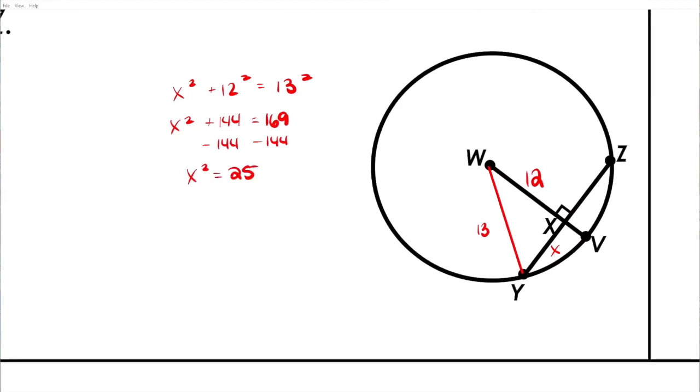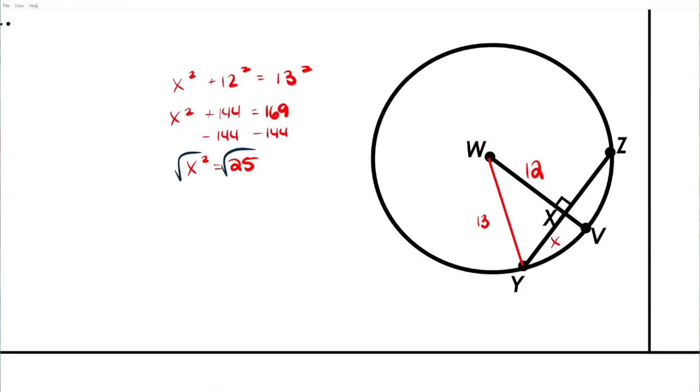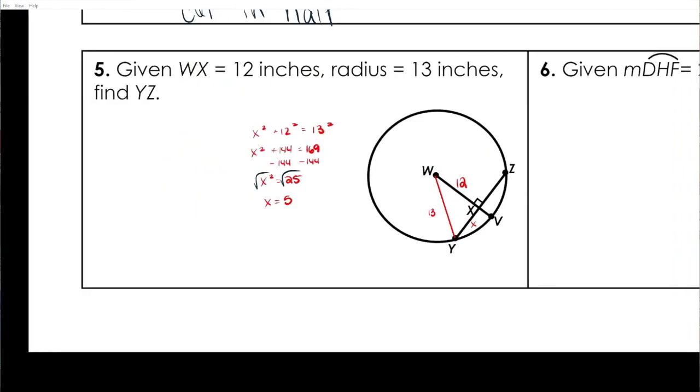And then how do we undo a square? With a square root. So we know that bottom portion is 5. Okay.